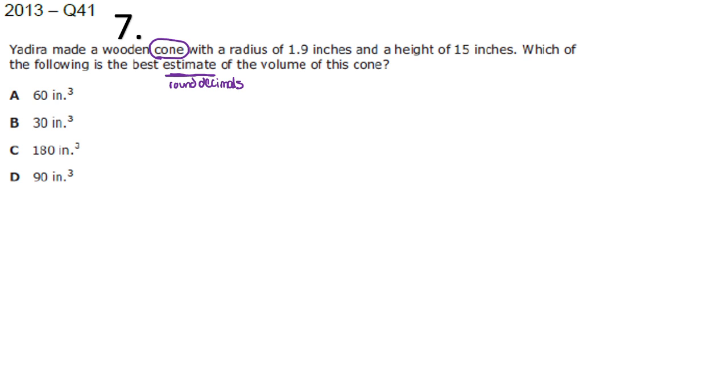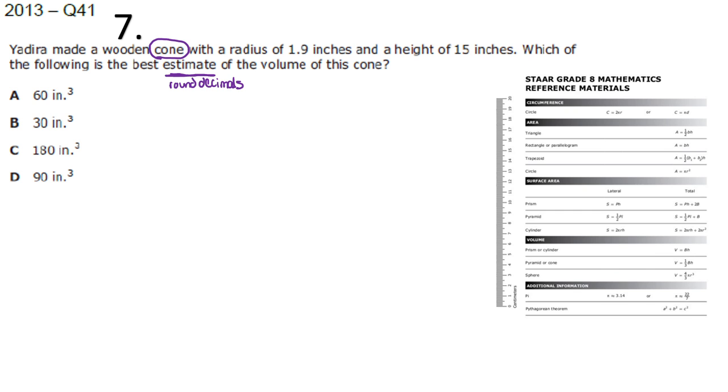So let's look at cone on our chart. Since they're talking about volume of a cone, bam, right here. Volume is 1/3 base times height. When doing these questions, we need to know what shape is the base.